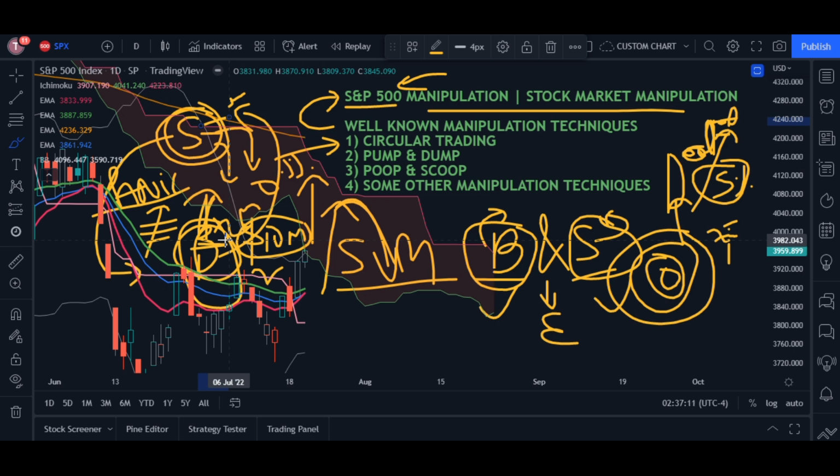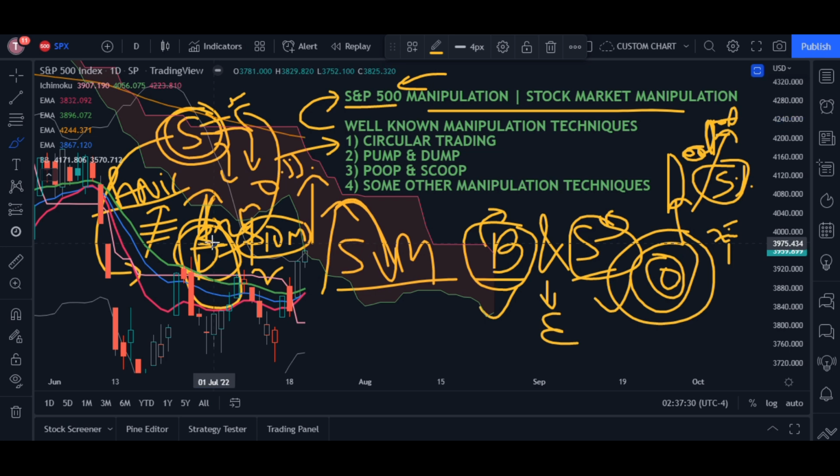So the person is the same. These two people are the same, and the deal is between these two, and they have their associates or other friends also, with different trading accounts.